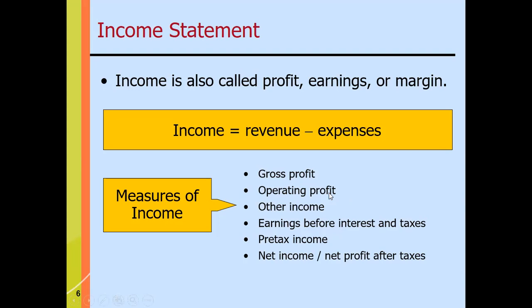Operating profit would be our revenue minus operating expenses, since there are expenses that are not considered part of the operations of our business. An example of that would be the finance costs or expenses, and also our income tax expenses.